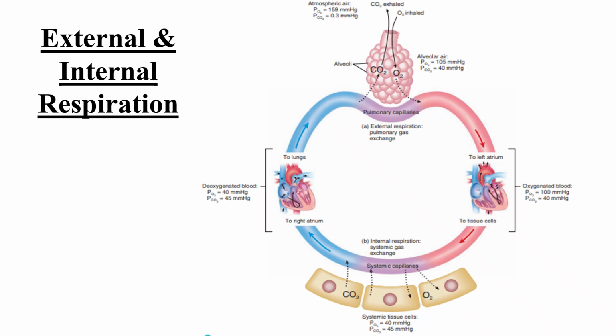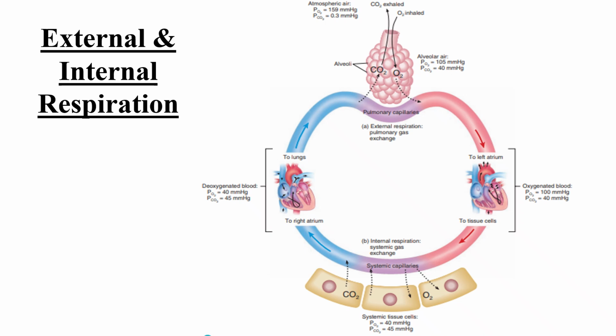The partial pressure of oxygen in the systemic capillaries is around 100 mmHg, and the partial pressure of oxygen in the tissue cells is around 40 mmHg. Due to this pressure difference, the oxygen diffuses out of the capillaries into the tissue cells, and the partial pressure of oxygen in blood drops to 40 mmHg.